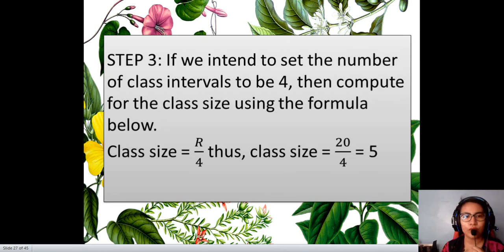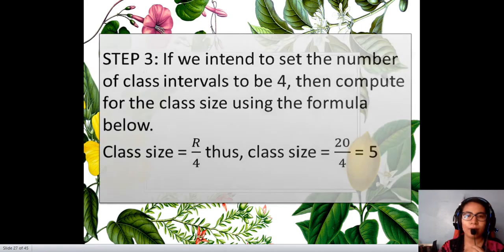The class size equals R over 4 because we intend to have just 4 classes. We know our range is 20, so the class size equals 20 over 4. And 20 divided by 4 gives us 5. So that will be the size of our class interval. It should have a class size of 5 for step 3.